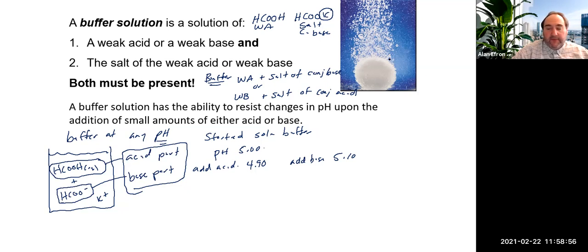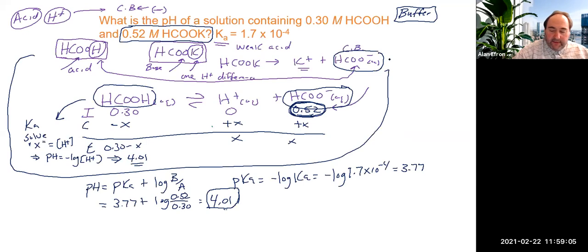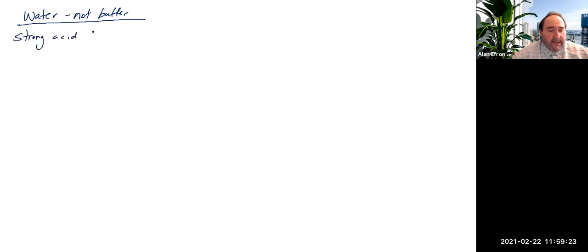So let's talk about how it functions. Let me go back a couple of pages here so I've got somewhere to write. Okay, so let's just say we started with water, and water is not a buffer. And let's just say we had some water and we decide to add a strong acid to it, like HCl.